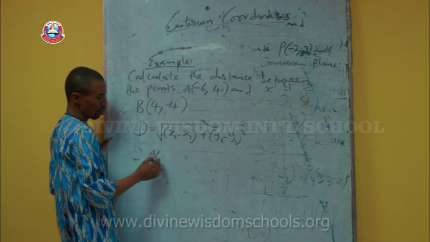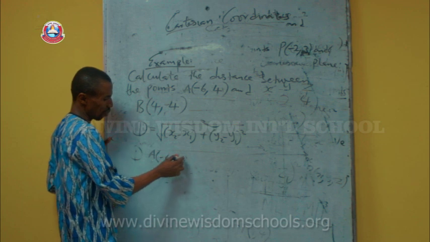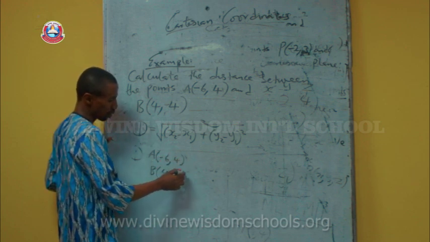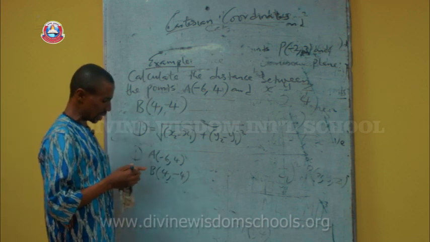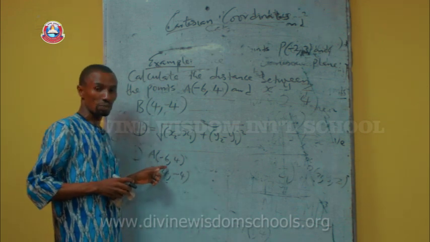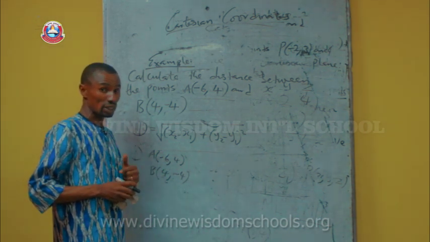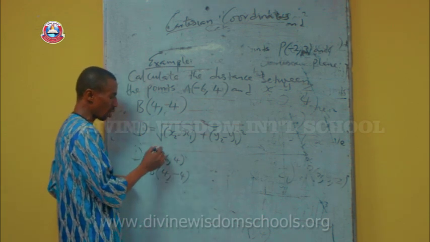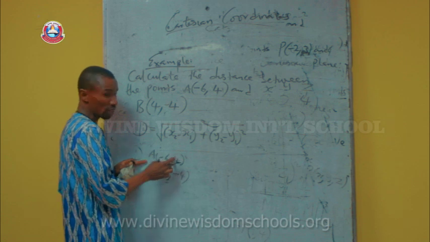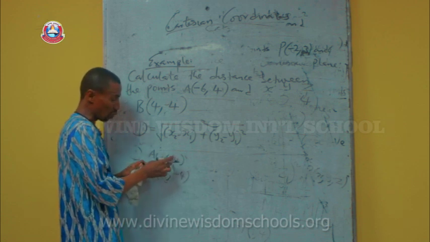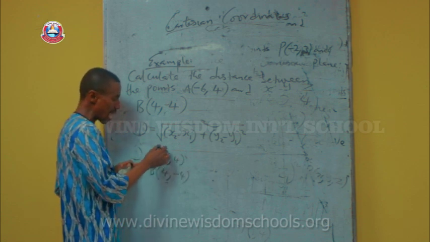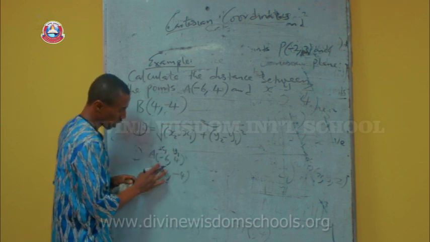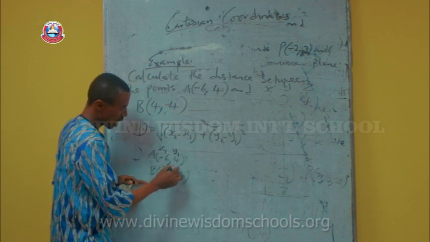We have point A, we have minus 6 and 4, while point B, we have 4 and minus 4. Now, in this case, it's not the same way we normally represent them in the Cartesian coordinate system. We have 2 points. The first one is called the first point. The values inside this first point, A, are x1 and y1, so you can put it on top, while the second one is x2 and y2.